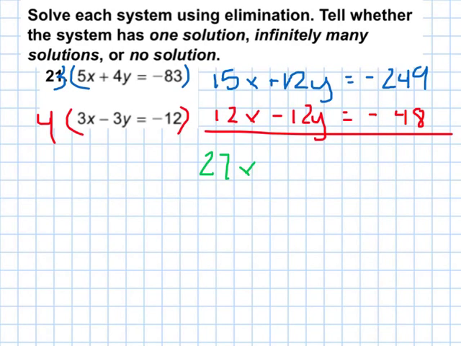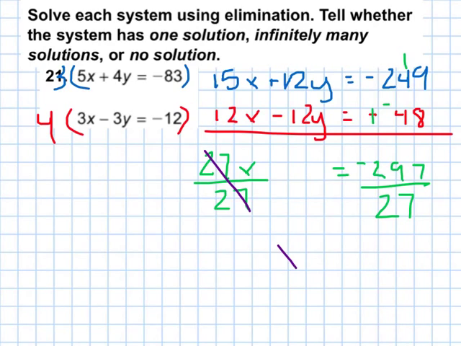Positive 12y minus 12y is 0. And then add these here. Negative minus a positive is the same thing as plus a negative. It'll be 17. 4 and 4 is 8, plus 1 is 9, and 2. So negative 297. Divide by 27. Divide by 27.